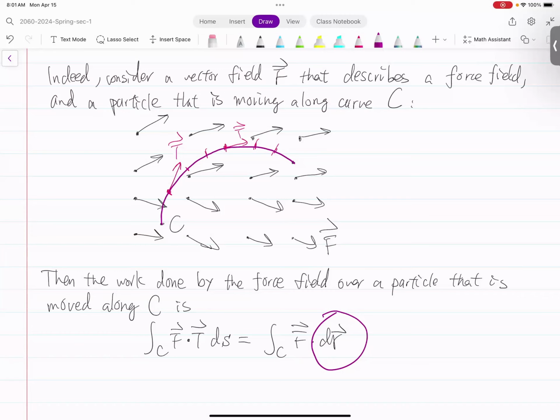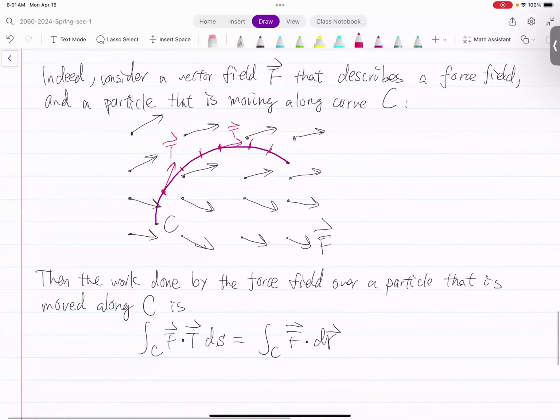So when you're doing the Riemann sum, this is actually displacement. So you can think about these as segments. If you make a Riemann sum, it's going to be segments.